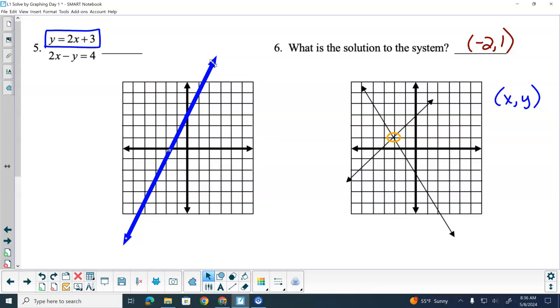Y. We need to solve for y, right? Okay? How do you want to go about solving this one for y? Well, we got to get y by itself, right? So how would you get y by itself in, here, let me put a green box around it. I want to solve that green one for y.